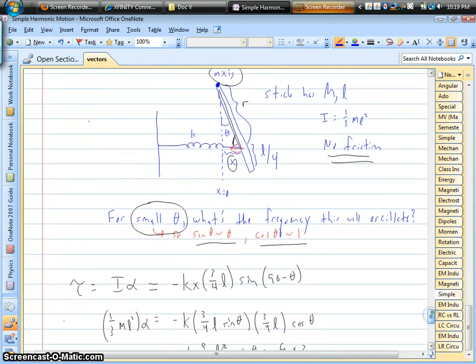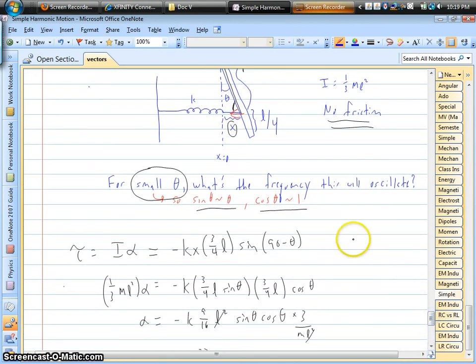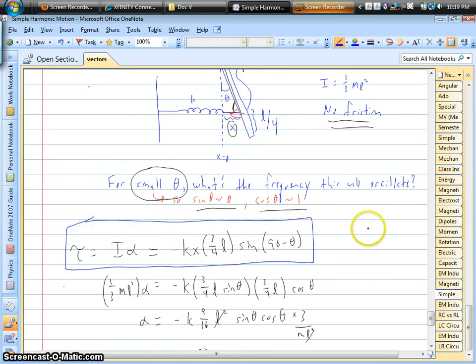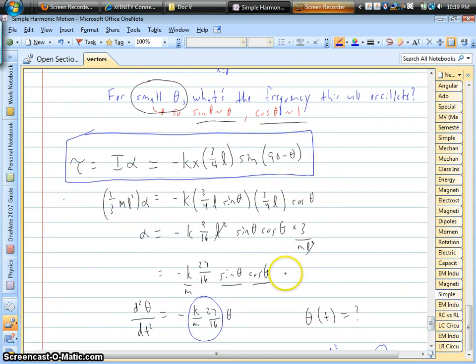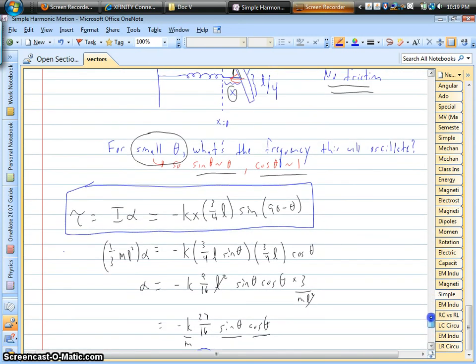But think about how this is all set up. It's really the important part. It's all based on torque equals I alpha. It's a rotational problem. We made the small angle approximation in order to force it into our simple harmonic equation, and then we can solve it.